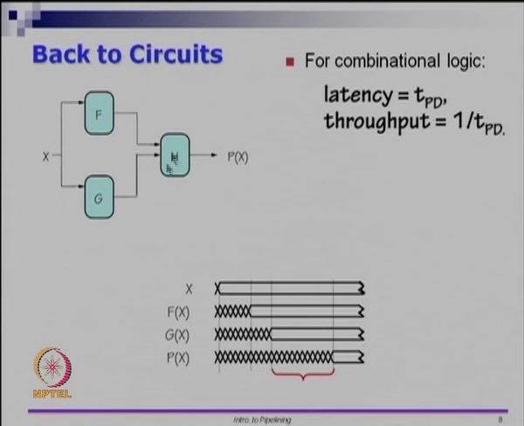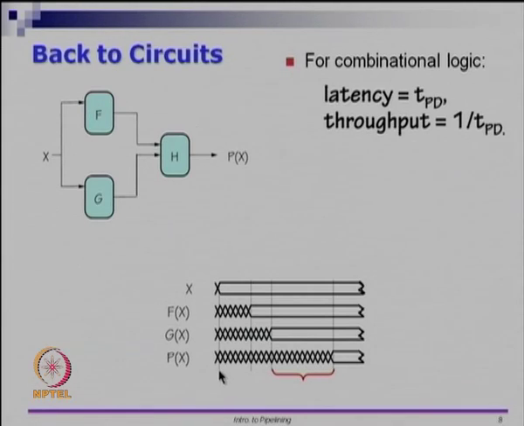If I give you 2 blocks like this and another block like this, you know how to calculate the propagation delay. We did this in week 6. If you do not remember it, go back and review the videos in week 6. The latency is the time from when X became steady to the time when P of X became available.